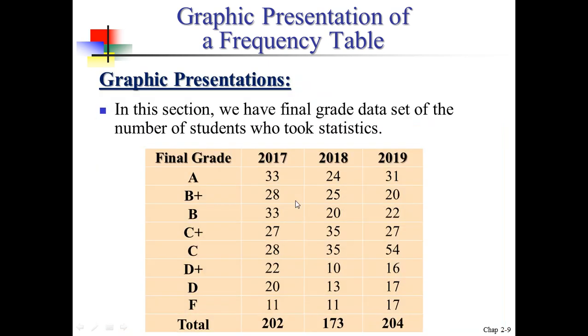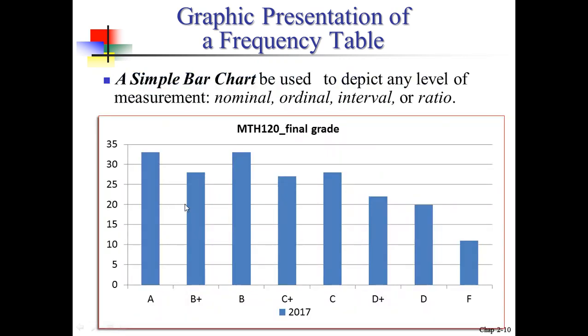Based on the table, sometimes it's hard for me to see which number is highest, which grade has the highest number of students. But when I go to this one, I can find that easily.